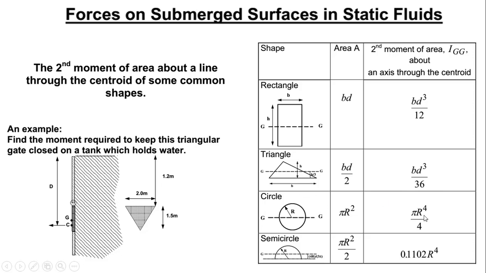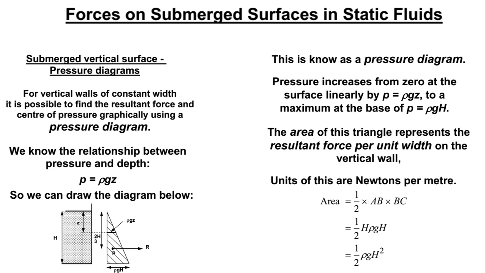If it's a circle, pi r to the power 4 over 4. So put in mind this, and there's no need for you to memorize this table because it will be given in the exam.